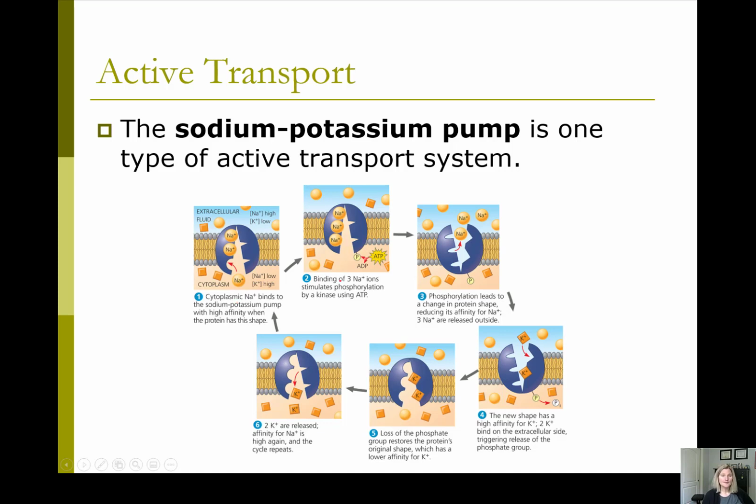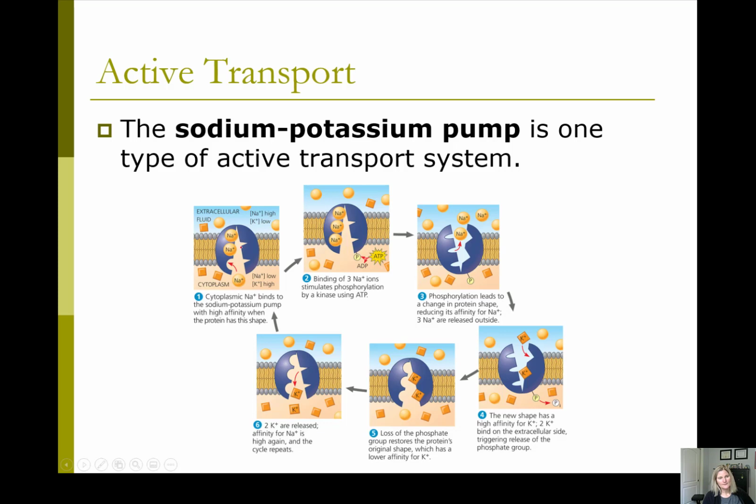And then the potassium ions being at high concentration inside, we're pushing them against their concentration gradient to go the opposite. So here we see we have a low amount of sodium inside, a high amount of potassium inside.